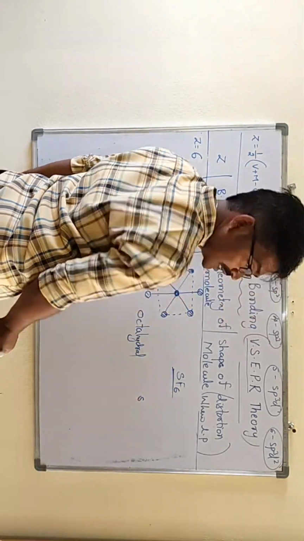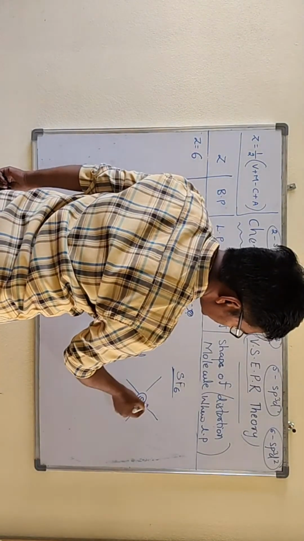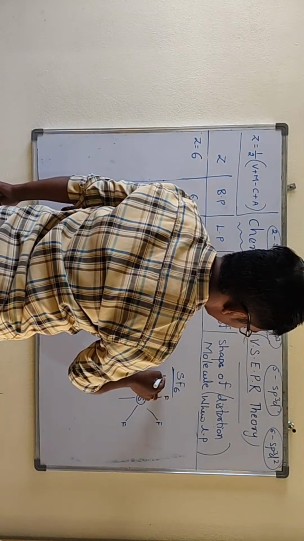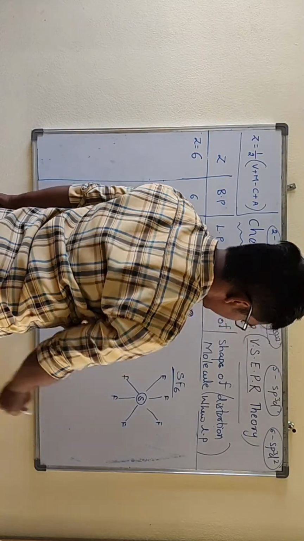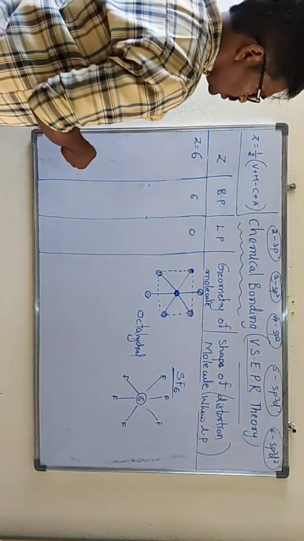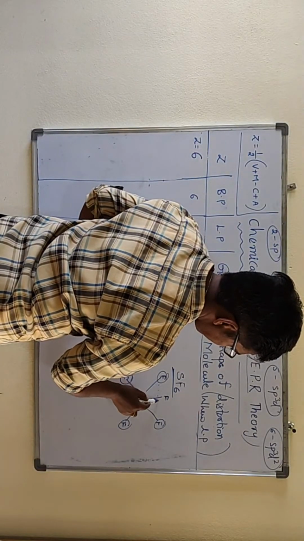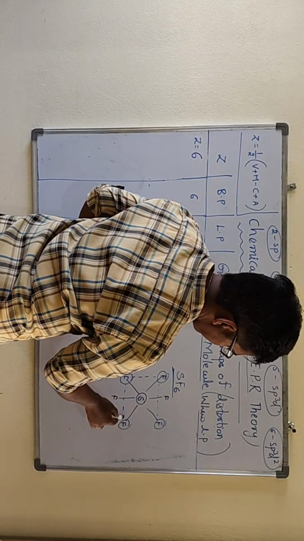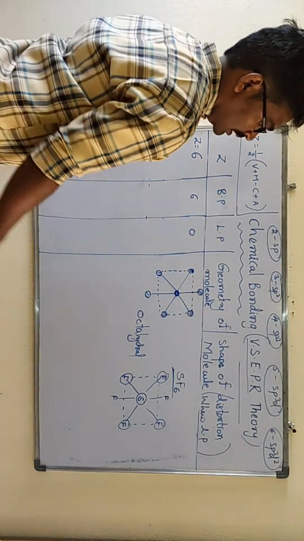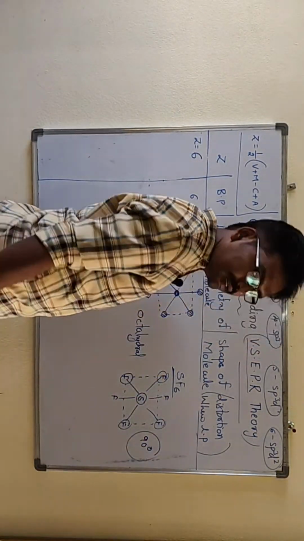Sulfur is the central atom, surrounded by 6 fluorine atoms like this. The 4 are present in one plane, with one above the plane and one below the plane. Here all are 90 degrees only. The bond angles are 90 degrees.